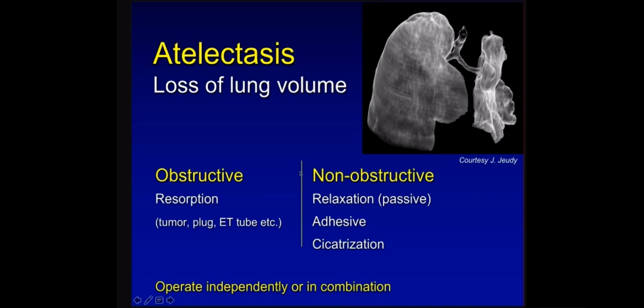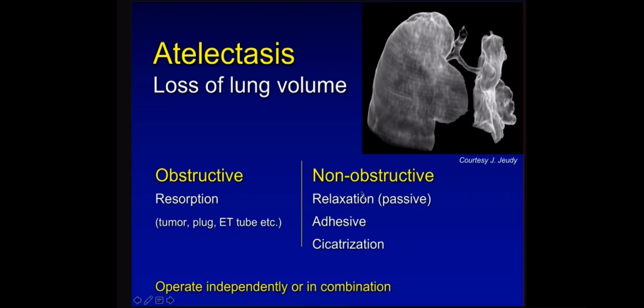You can categorize the mechanisms of atelectasis into either obstructive or non-obstructive mechanisms. The more common will be obstructive, the so-called resorption atelectasis. This might be an endobronchial tumor, it might be a mucus plug or a malpositioned ET tube, for instance.